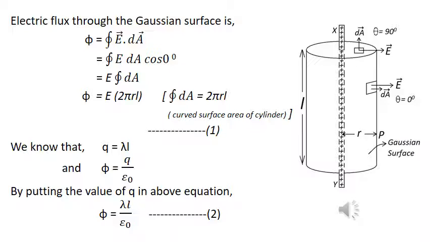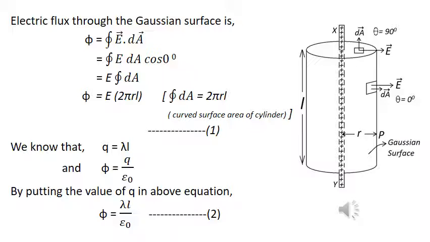Therefore, we will get the value of flux through the curved surface only, because cos 0 degree has value 1, but cos 90 degree is equal to 0. Therefore, flux through the flat surface will be equal to 0. Therefore, we can write flux phi is equal to closed integral over the surface of E dA cos 0 degree, which is again equal to E closed integral over the surface dA.